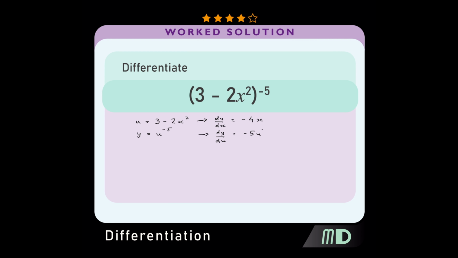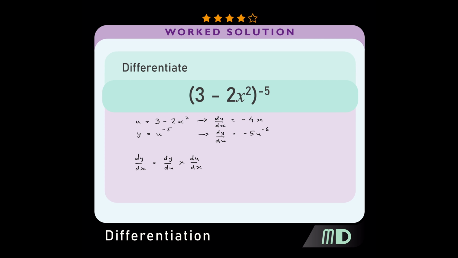The chain rule is given as dy by dx equal to dy by du multiplied by du by dx.